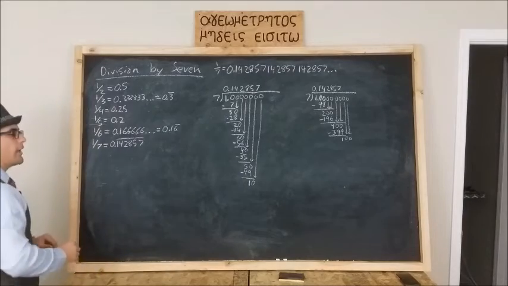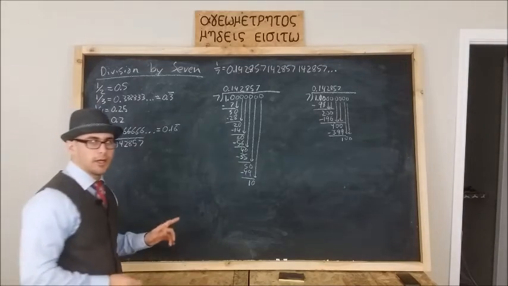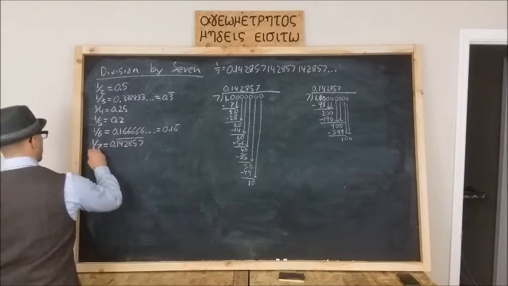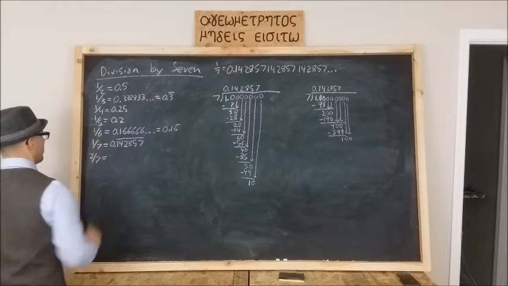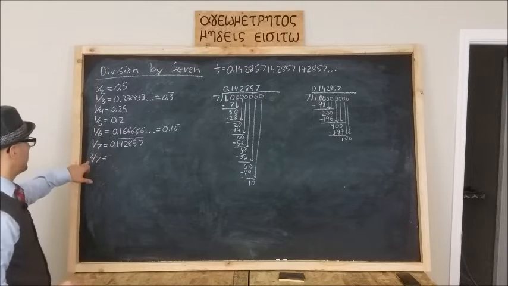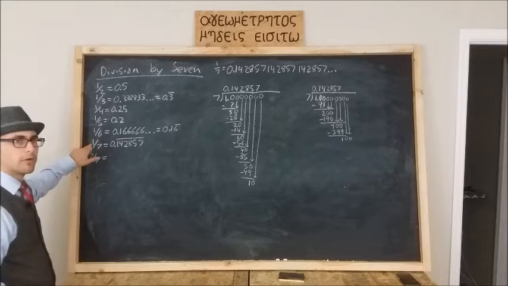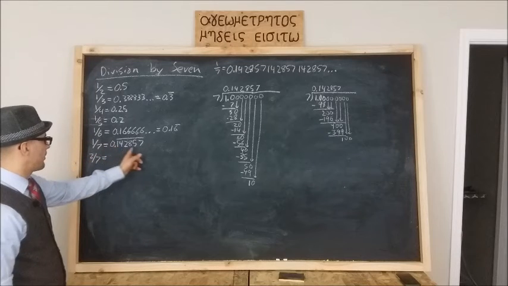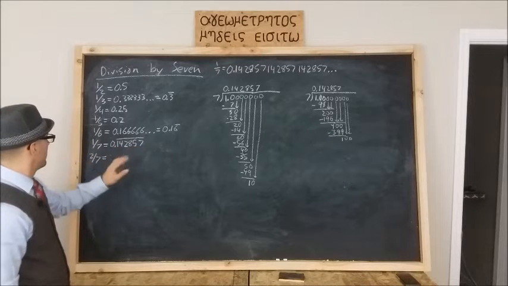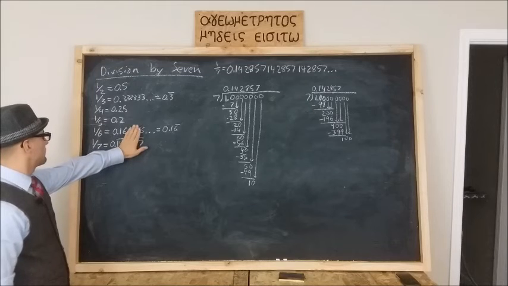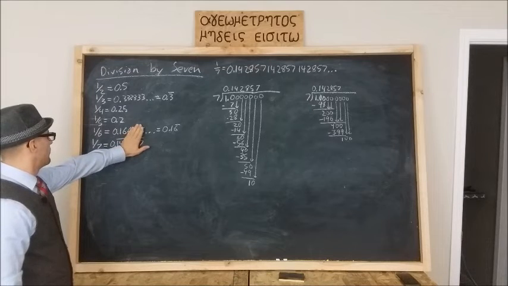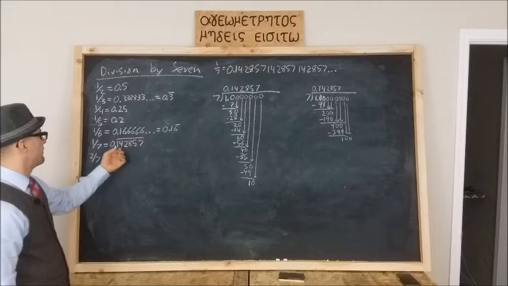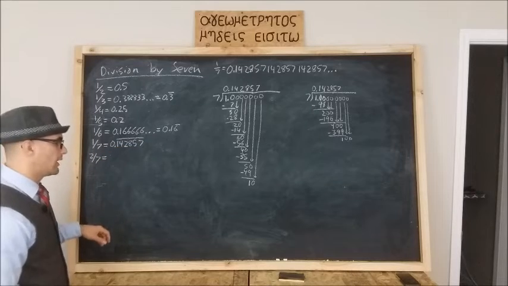So, okay, here's another curious observation. What if we want to do 2 over 7? Well, that's going to be twice 1 over 7. So instead of looking at the whole thing, we can just look at the first number here. What is 14? 14 times 2 is 28.